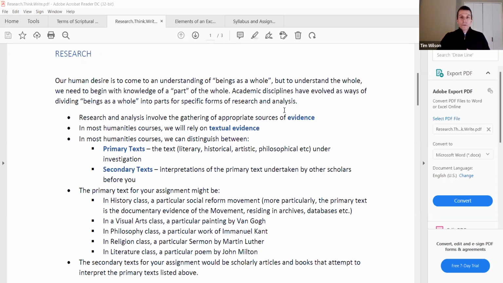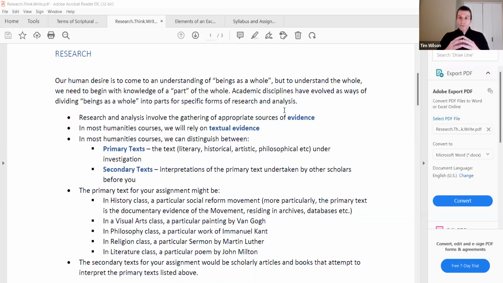And so the research part and analysis part is about gathering and assessing evidence about that narrow sliver of knowledge. And in humanities courses, what we're going to be analyzing primarily in all humanities courses are textual forms of evidence that we're going to be analyzing and researching.